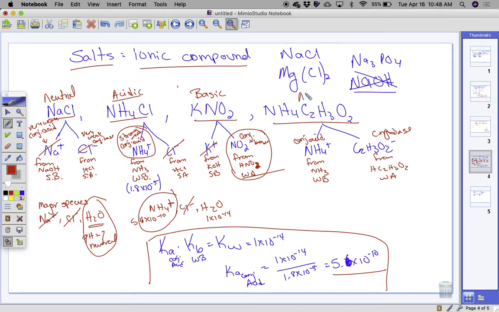So this one is neutral. If that was not the case, you would pick the one with the biggest K. So if Kb was bigger than Ka, it would be basic. If Ka was bigger than Kb, you would pick acidic, right? So what is the math you would do? This right here, it's the same math twice.